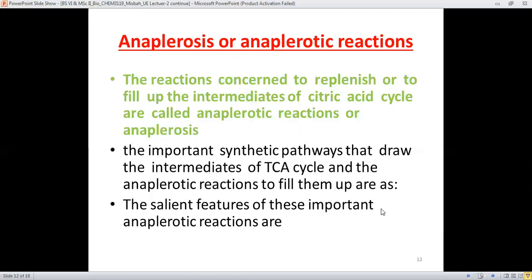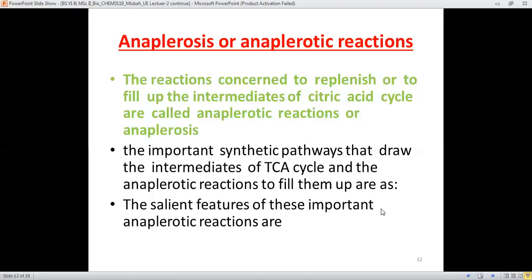Replenish means to fill them up. If they are used, then their supply should be made in such a way that if 10 molecules are removed, for example of succinyl CoA, then there should be a system which provides these 10 molecules back.